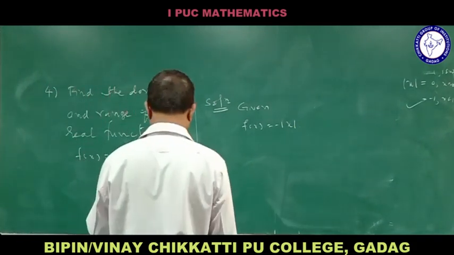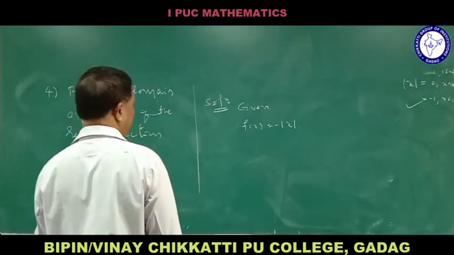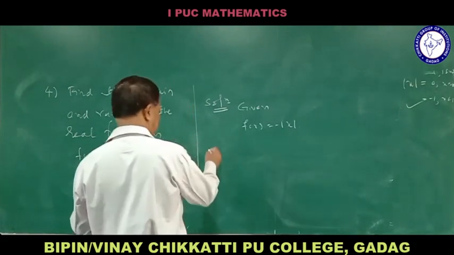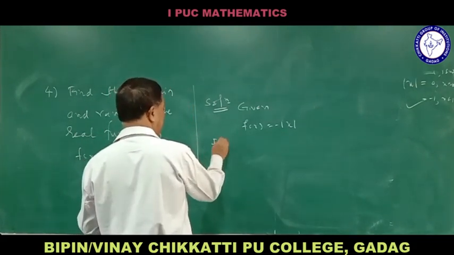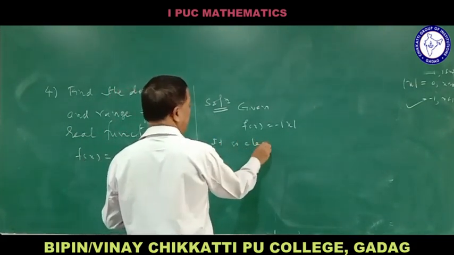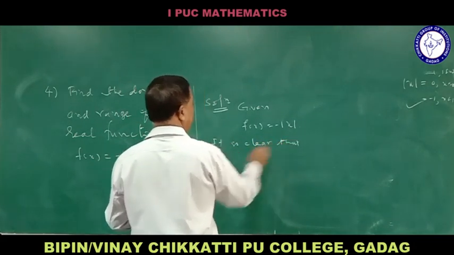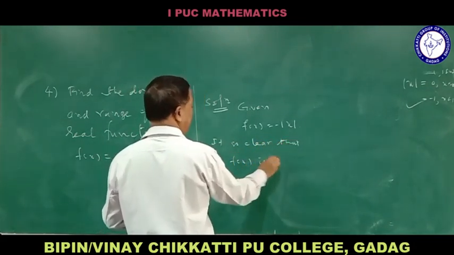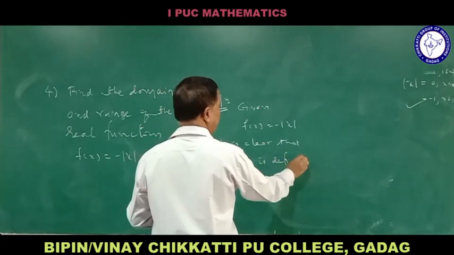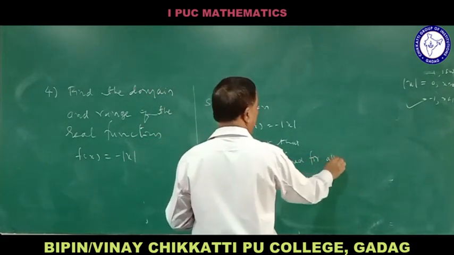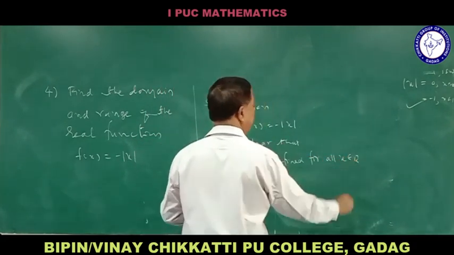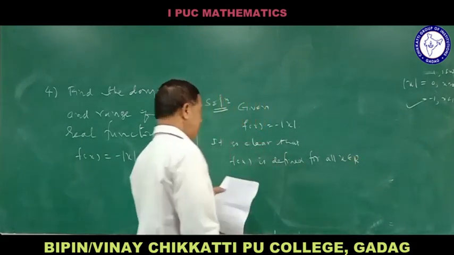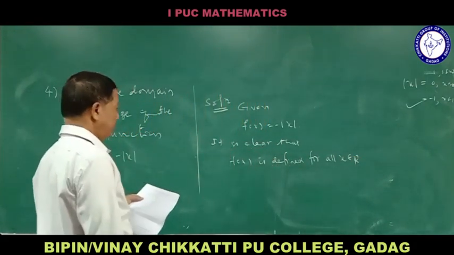And here you understand that f of x is defined. So it is clear that f of x is defined for all x belongs to R. So what is the domain?